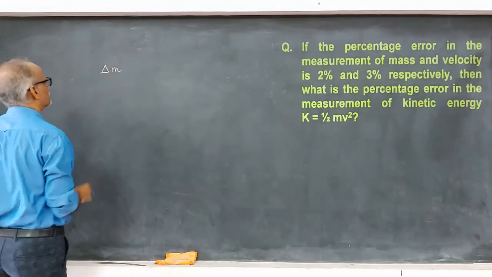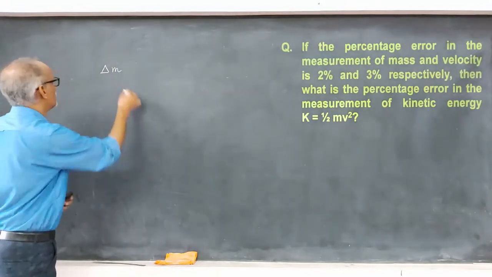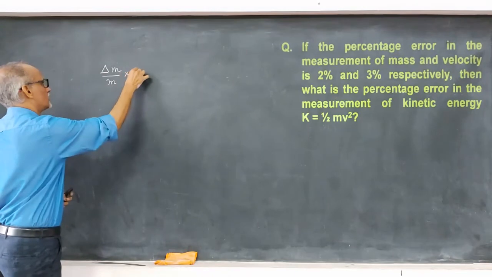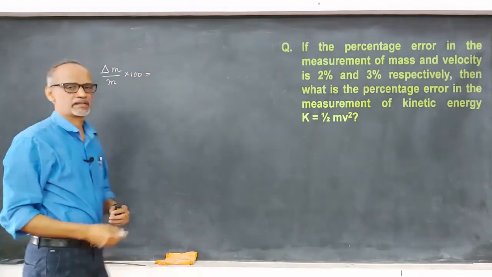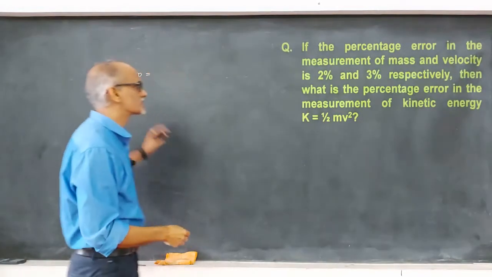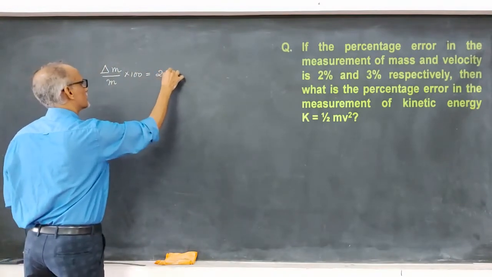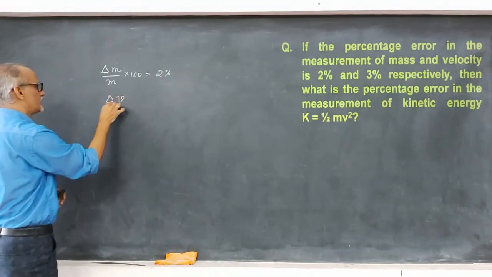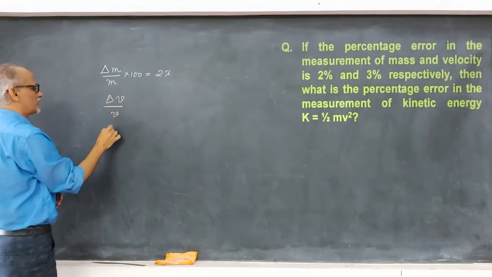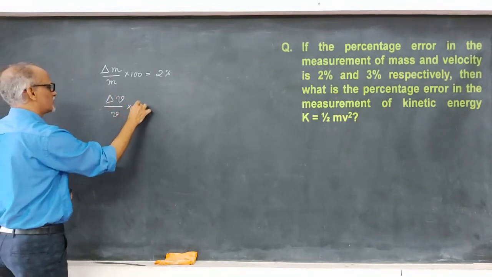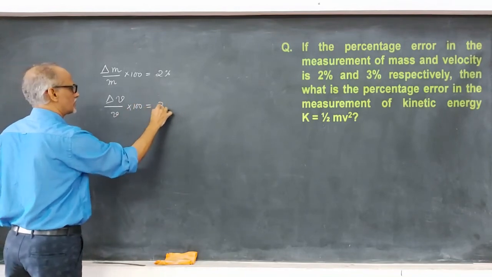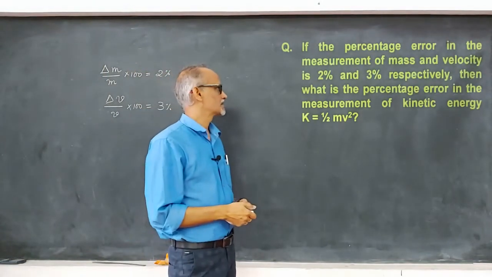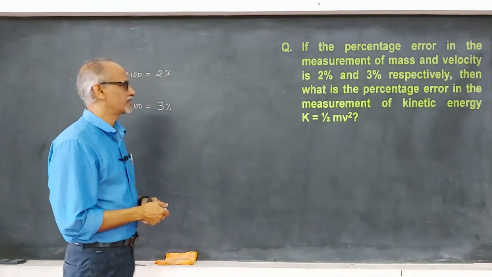So delta m is the absolute error, delta m by m is the fractional error, and multiply by 100, that will give you the percentage error in the mass, and this is given as 2%. And for velocity, delta v is the absolute error, divided by v is the relative error, into 100 is the percentage error, that's given as 3%.